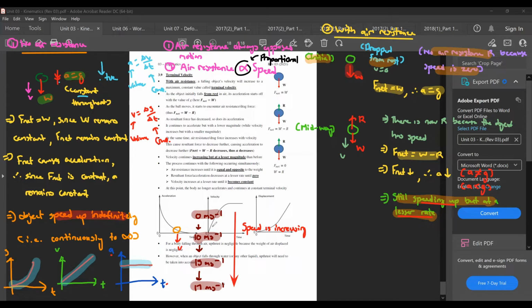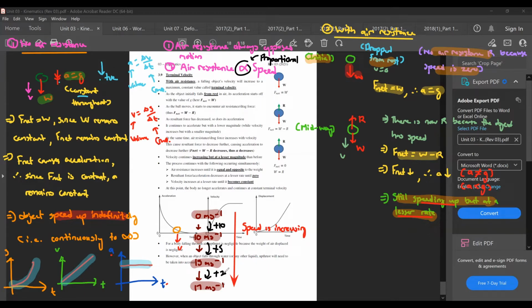From 0 to 10, I'm having an increase of 10. This one is increasing by 5. This one is increasing by 2.